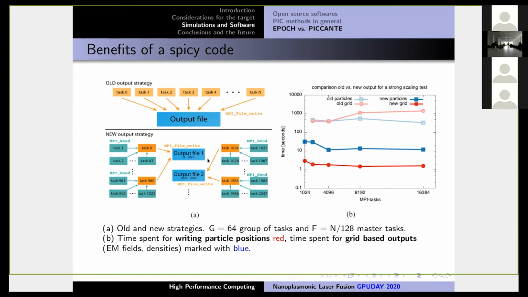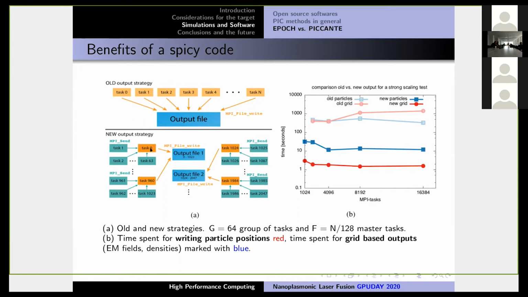The Picante code also has an advanced output strategy. The Epoch code uses this kind of strategy where all tasks write into the same file.